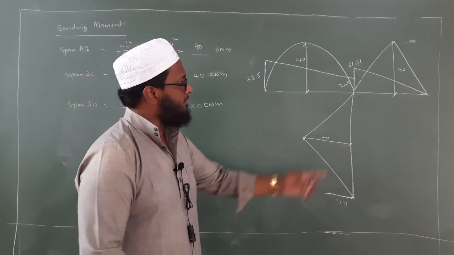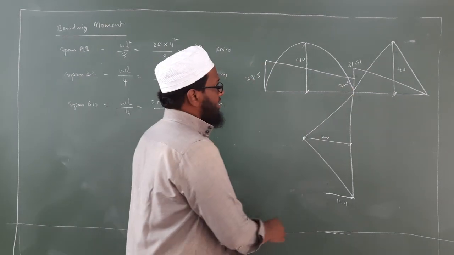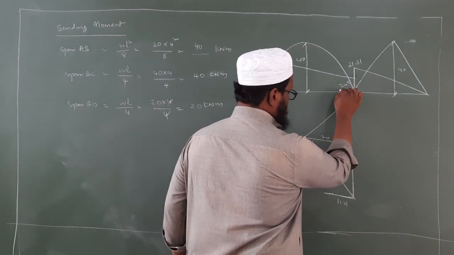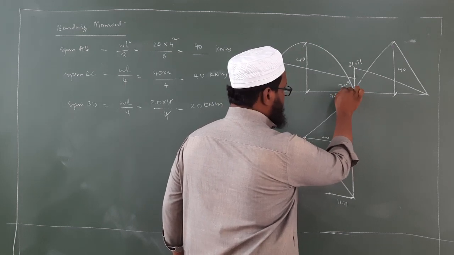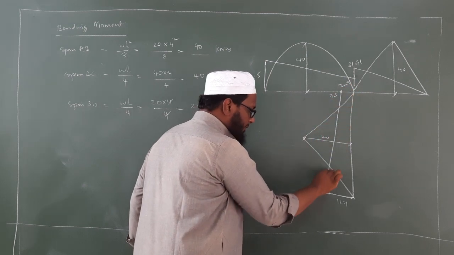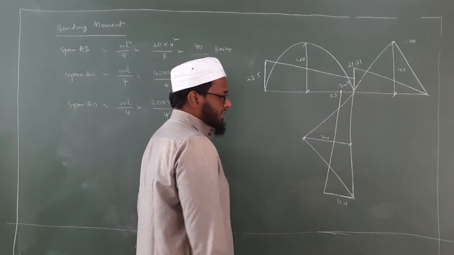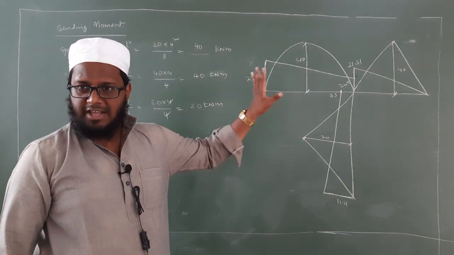What about this one? We got very small value, I think 7.58, somewhere here, 7.5. So from 7.5 to 11.21, I'm joining this line. So this is your bending moment diagram for this entire frame.